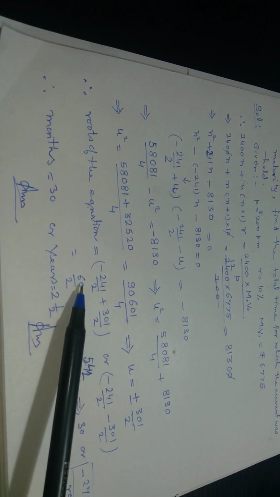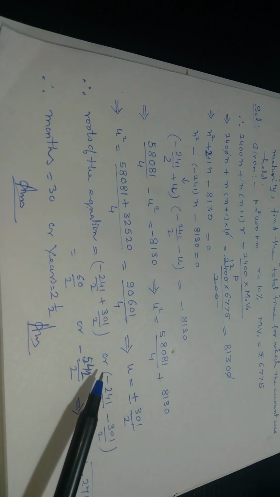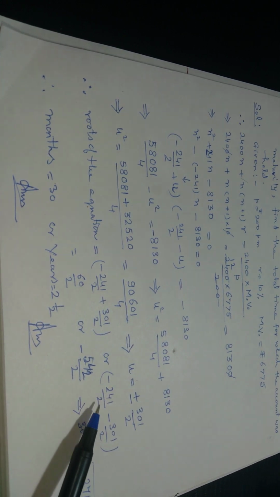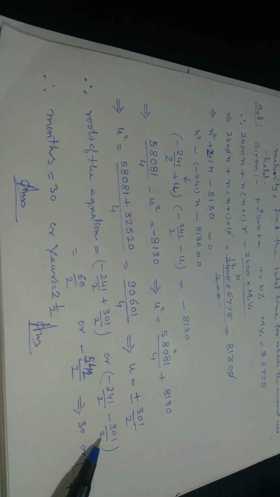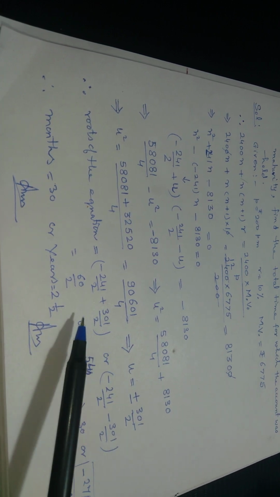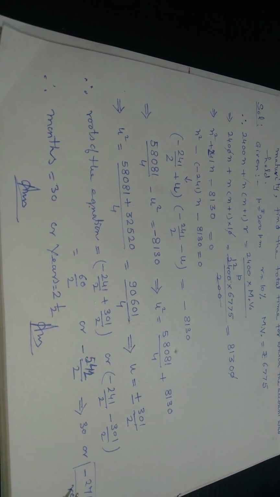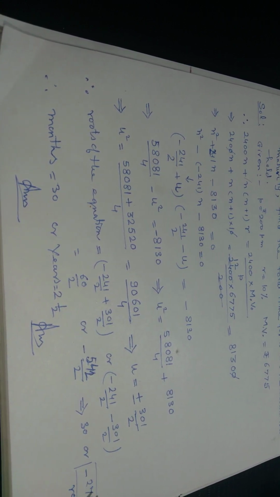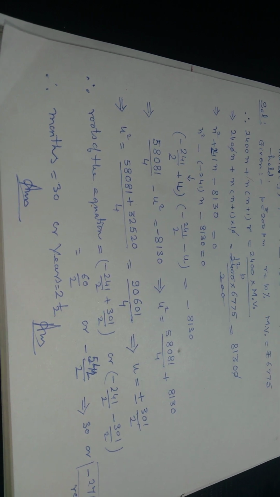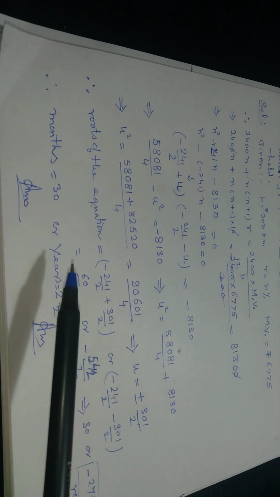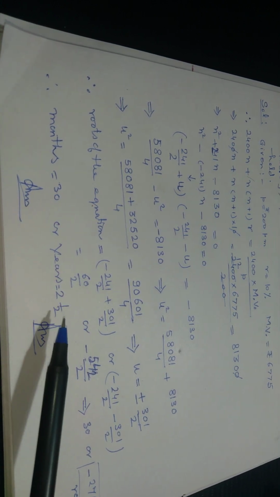Solve it, you will get 60 divided by 2, that is 30. In the second bracket, that is minus 241 divided by 2 minus 301 by 2, further solve it, you will get minus 271. Minus 271 will be rejected because the month will not be negative. So we will take only the 30 months, and 30 months will be equal to 2.5 years.